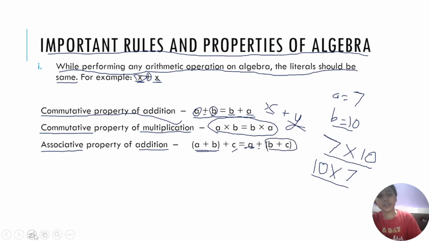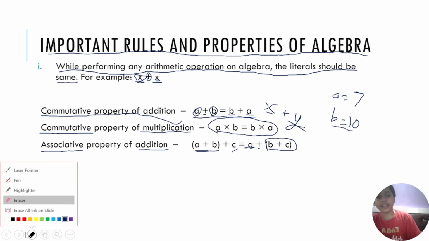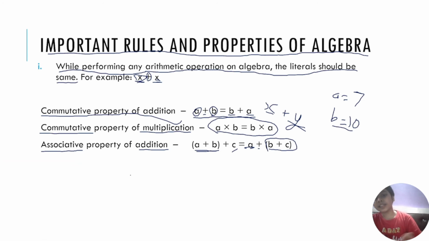So now I'll solve this also. Let me erase it here. In this we have 3 letters. As you can see, first there were only a and b. Now there is c also. So let's take the value of c. Suppose I take 6.